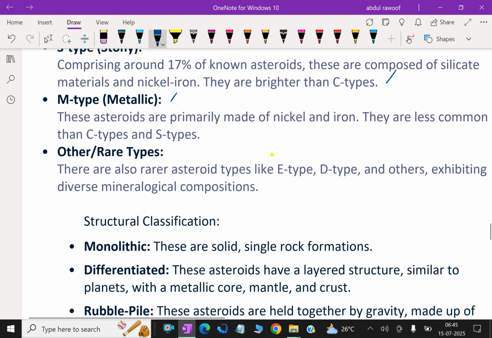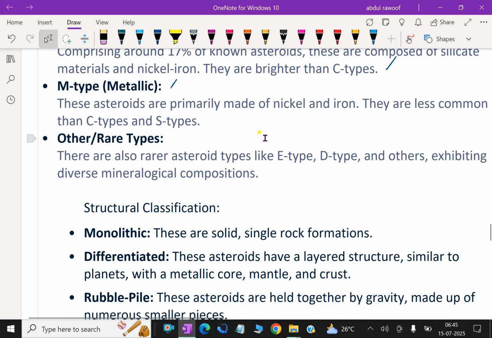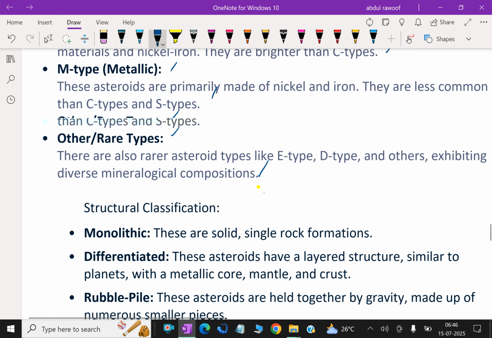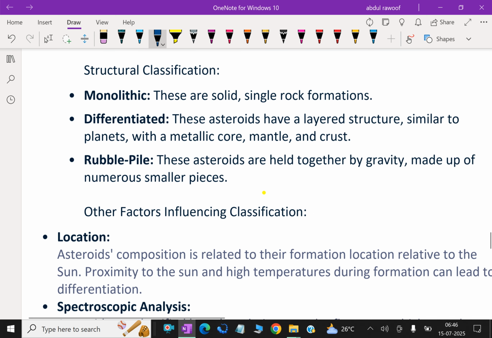M-type, metallic. These asteroids are primarily made up of nickel and iron. They are less common than C-type and S-type. Other rare types. There are also rarer asteroids like E-type, D-type, and others exhibiting diverse mineralogical composition. Structural classification.